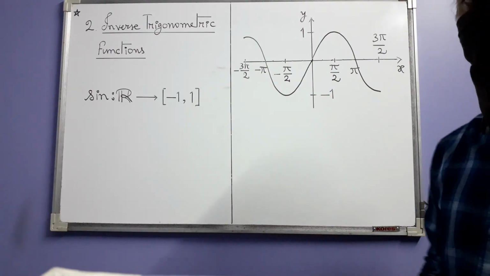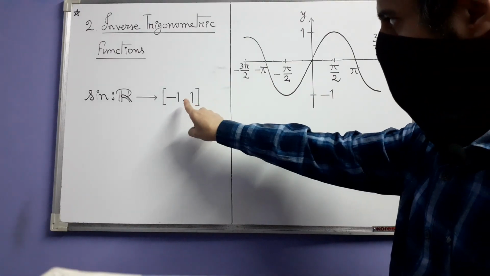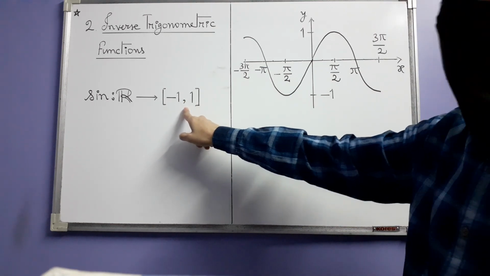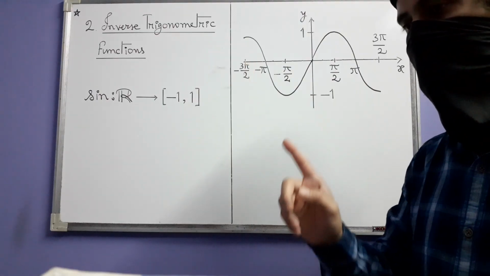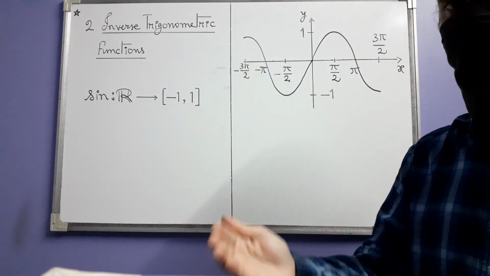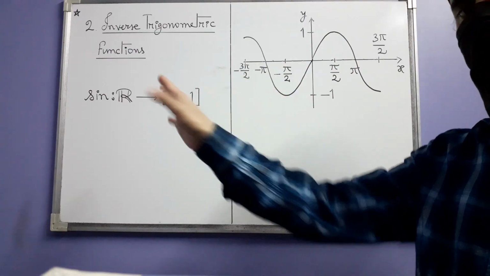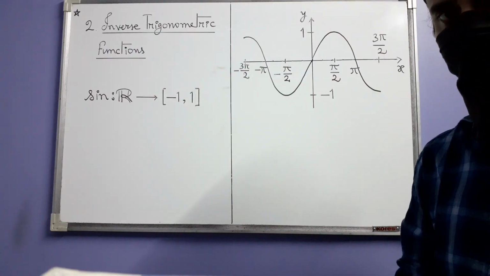It is onto, however. If you choose any point y from this interval, any real number from it, then there exists at least one real number x such that sine x is equal to y. And actually there will be infinitely many such real numbers.